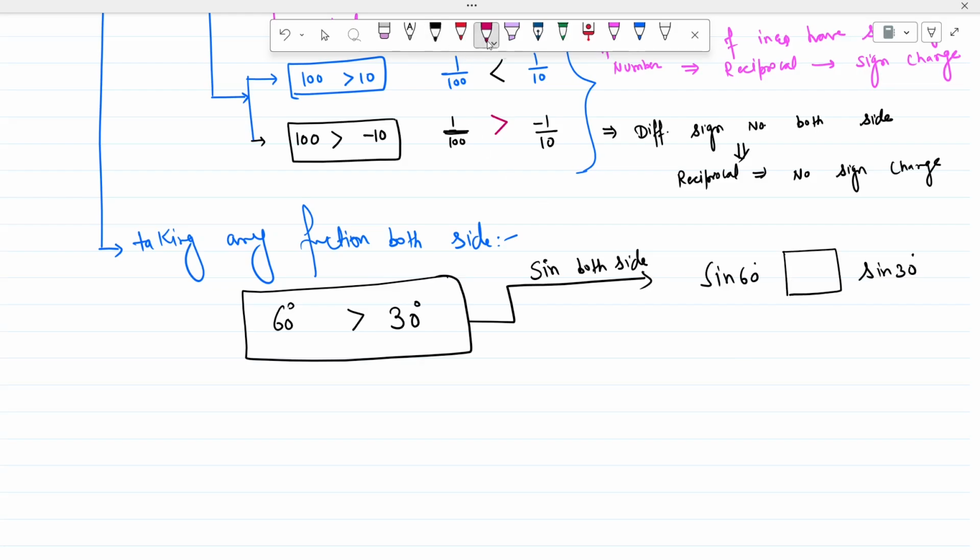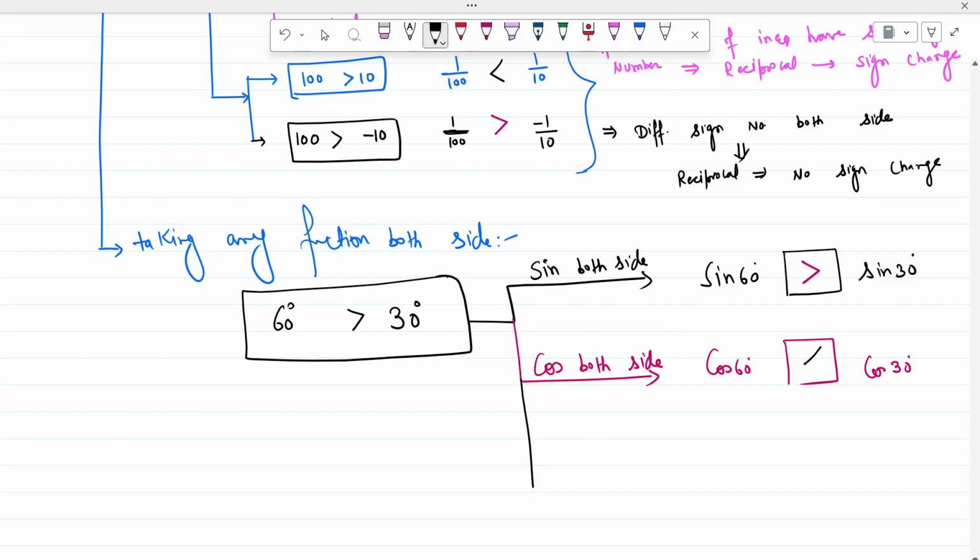Sine 60 is root 3 over 2, so no, it doesn't change. Now suppose we are taking the cos on both sides, cos 60 and cos 30. Will the inequality change? Yes. Very nice.